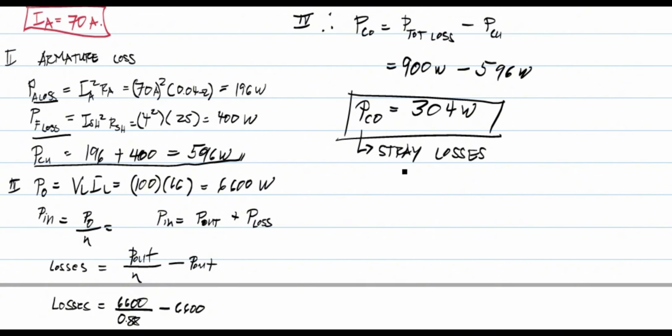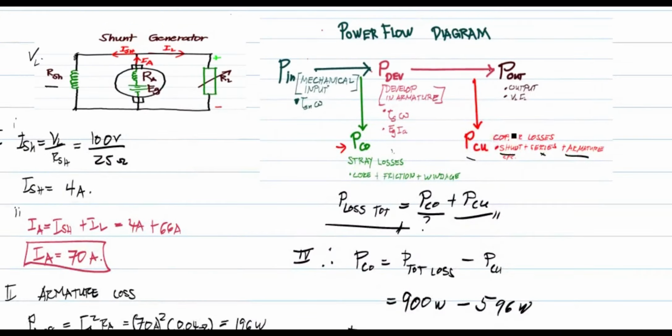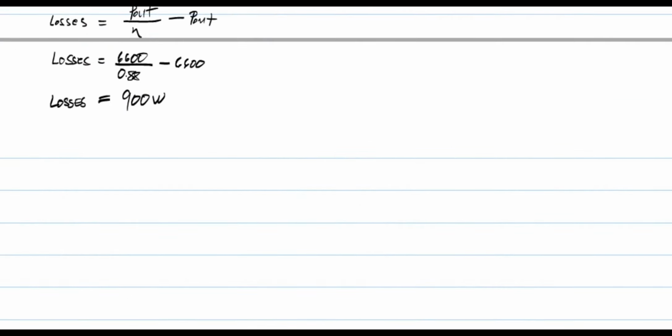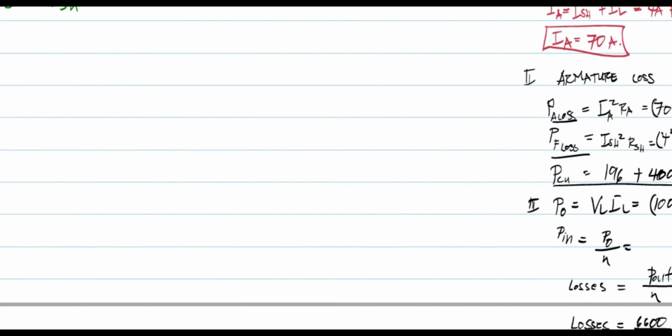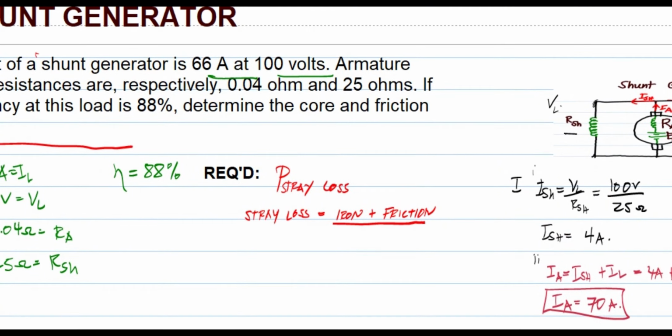Stray losses, that is the iron and friction loss. Therefore, the answer is 304 watts. That's all. Thank you.